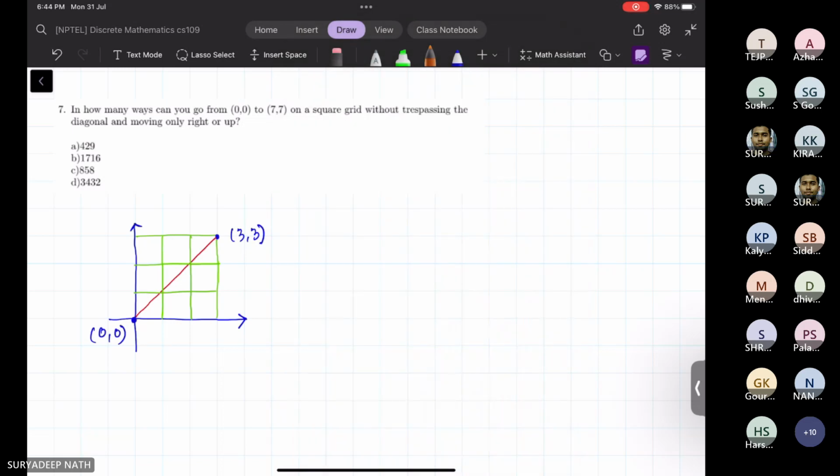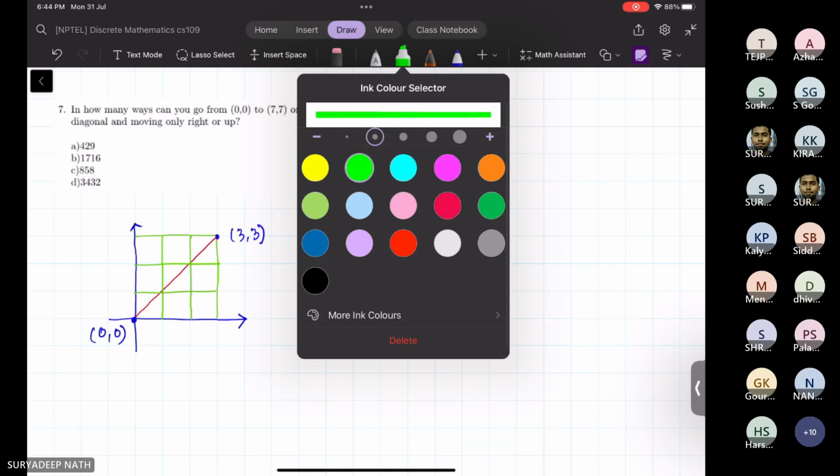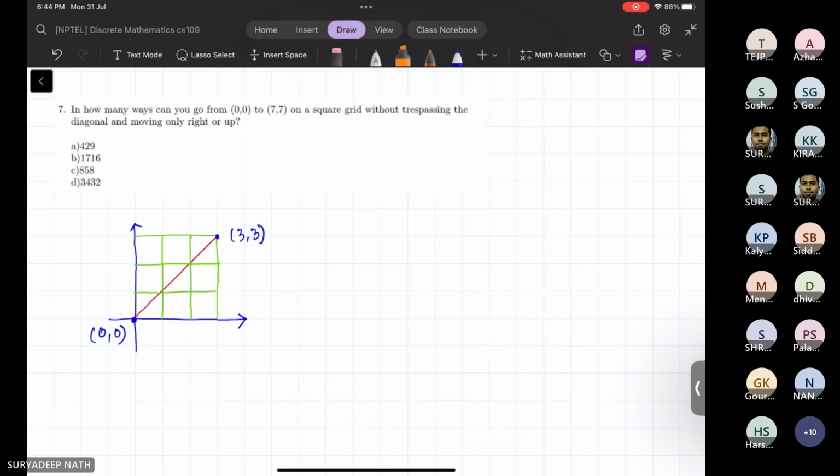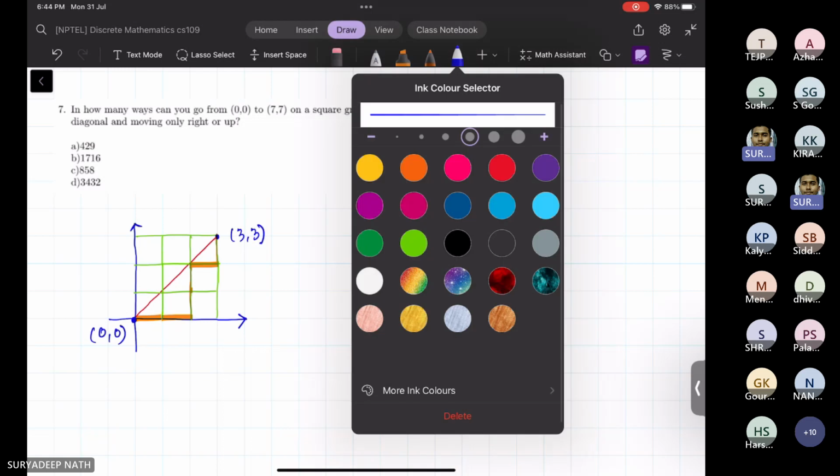To go from here, this is one right, we can take another right, we can go up, we can go up, we can go right, and again we can go up. So this is one valid path. Let us write it like this.